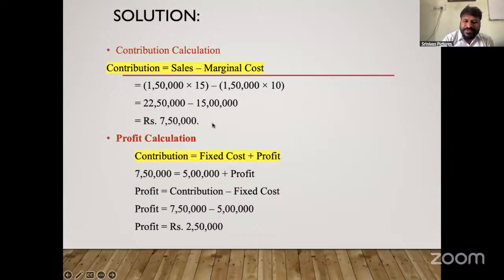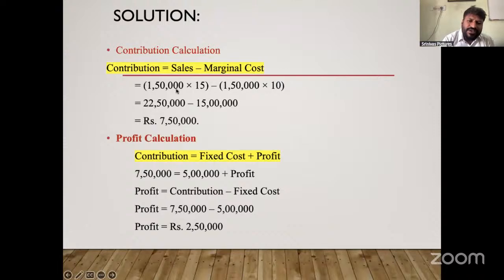Profit calculation. So contribution total is equal to 7,50,000. With the help of the contribution equation, we can calculate the profit also. So contribution is equal to fixed cost plus profit. Already we know the contribution, we know the fixed cost. Contribution is 7,50,000.